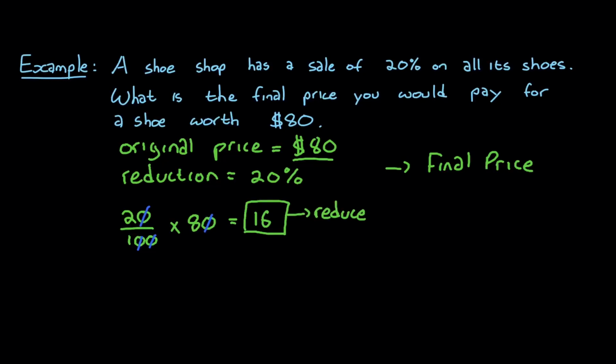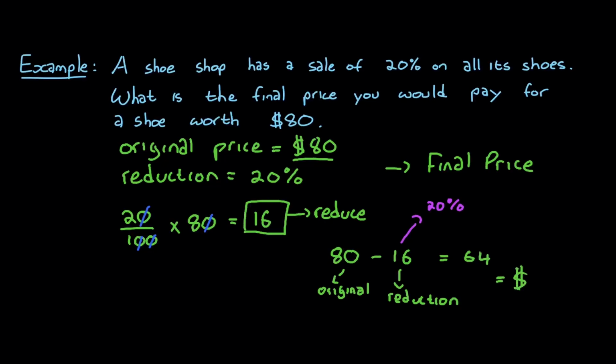To find the final price, you would say 80, which is the original price, minus 16, which is the 20% that we are removing. 80 minus 16 is 64, and you get $64. That is the final price you're going to pay for this shoe.